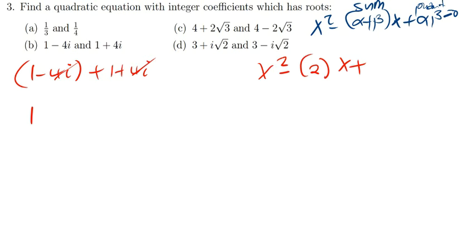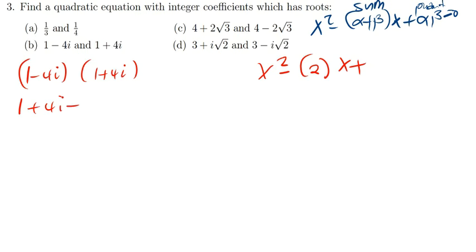Let's find the product. We are now multiplying 1 minus 4i by 1 plus 4i. 1 times 1 is 1. 1 times 4i is 4i. Then negative 4i, and negative 16i squared, this times this.